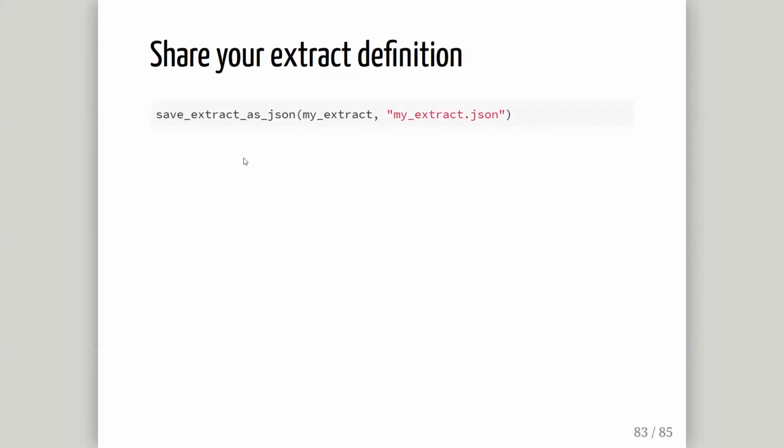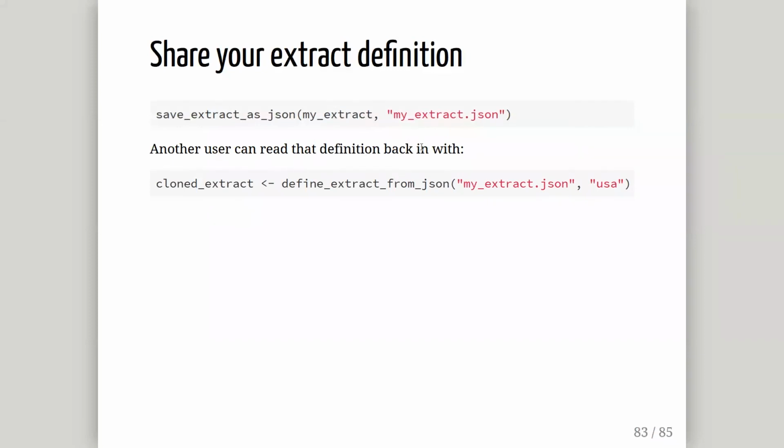So finally, the final feature I want to show off is the ability to share your extract definition. Currently the way that you would do that is to use this function, save extract as JSON. It would take that my extract object and save it out in JSON format to this file. And that makes it easy for somebody who may not be using R to take that JSON, read it back in, and submit the extract for themselves.